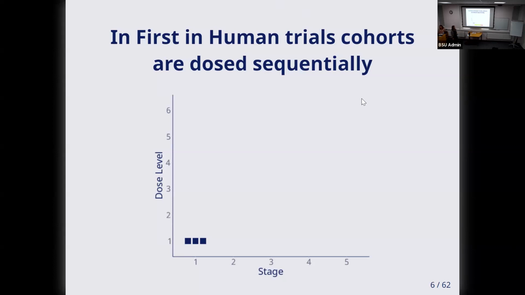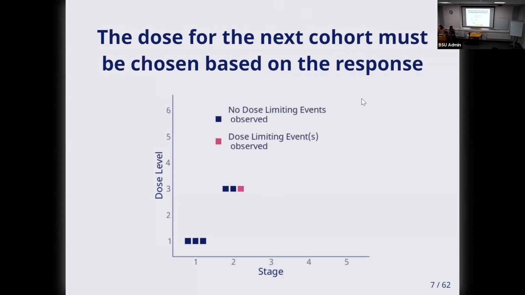And so the trial is conducted sequentially, so one cohort enters the study at a time. And the dose for the next cohort is chosen based on the response from the cohorts that we've got in the study so far. And the response is just a binary safety endpoint at this point, so whether each person experiences a dose-limiting event or not.